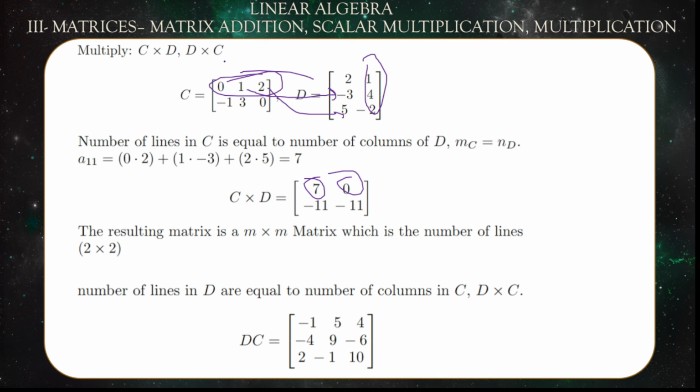D has 3 rows, so D times C would give us a 3 by 3 matrix, as you see here. So D times C is different than C times D.